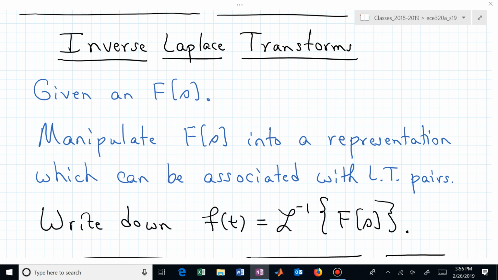Then we can say, oh, this is what it looks like in the time domain, and write down almost immediately the structure of our solution. That's what I mean by little f of t being equal to the inverse Laplace transform, script L inverse, of this transform expression, capital F of s.